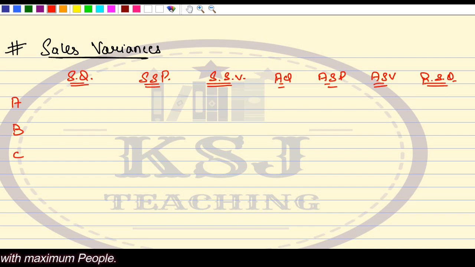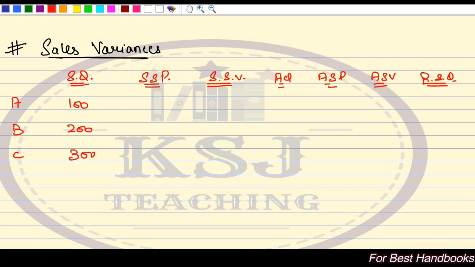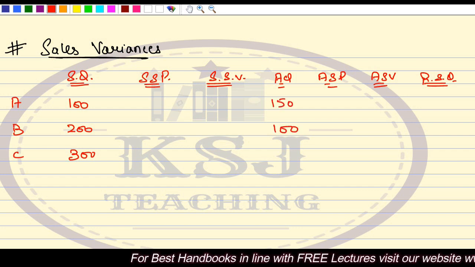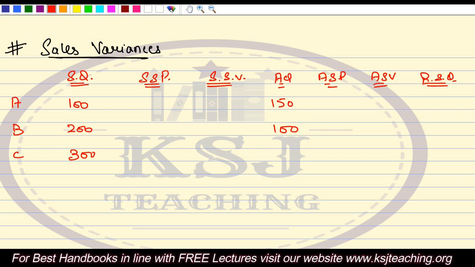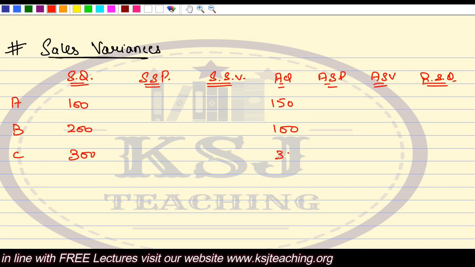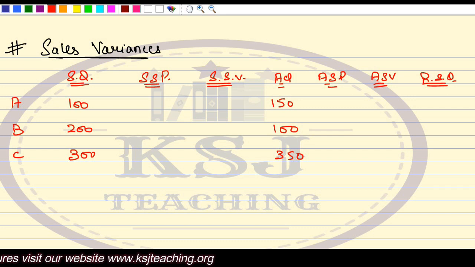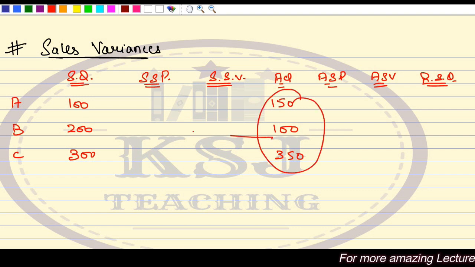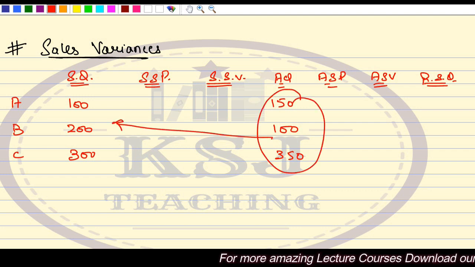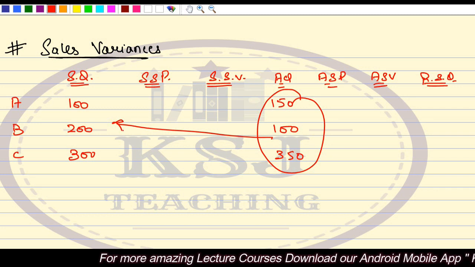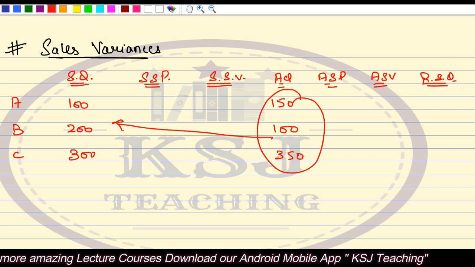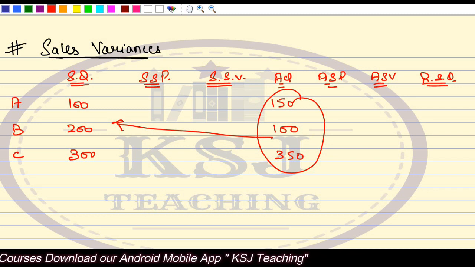Say the demand says that 100 units of A, 200 of B and 300 of C should be sold, whereas actually you have sold 150 units of A, 100 units of B, 250 and 600, okay, then 350 units of C, right? This is what you are actually selling. So what you will do? You will revise this actual quantity in this ratio 100, 200, 300, that is 1:2:3. Clear? So this is about the sales variances.